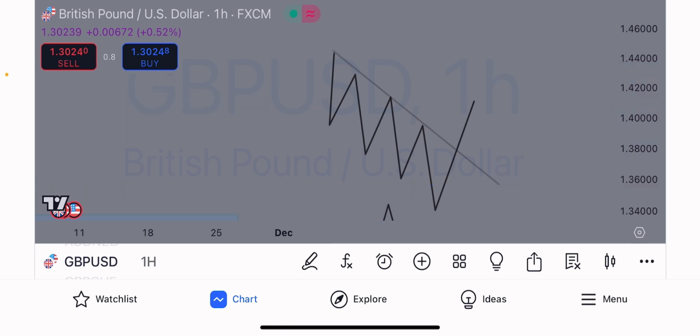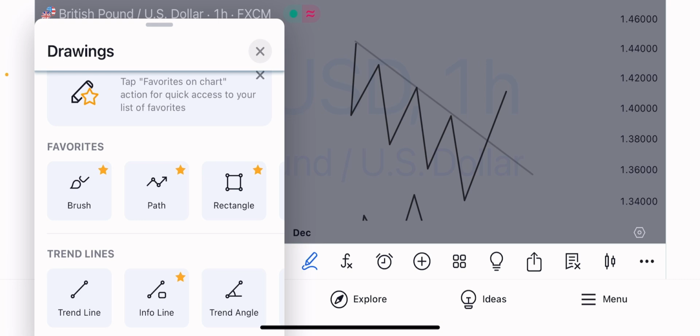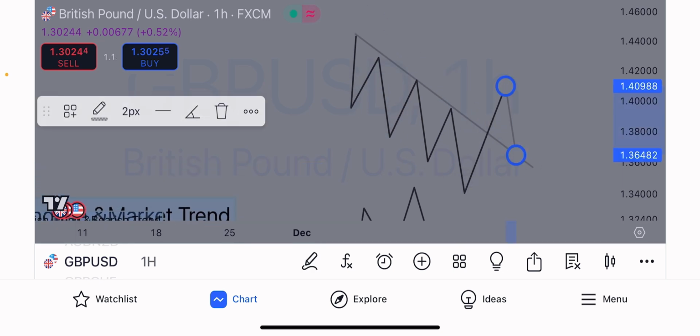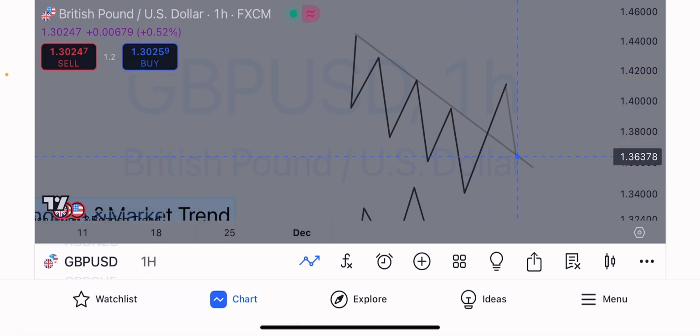Then you see these breakouts, right? You don't just start buying. No, you wait for a reversal or a pullback to the trend, a retracement, before you start taking your buy entries from right here.